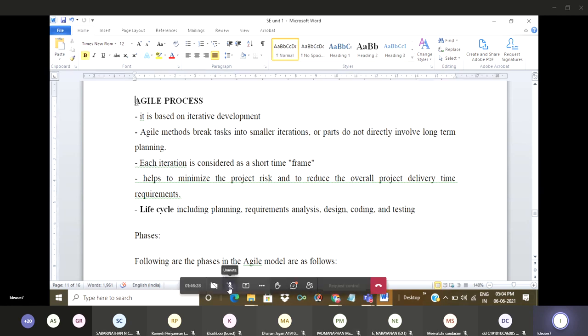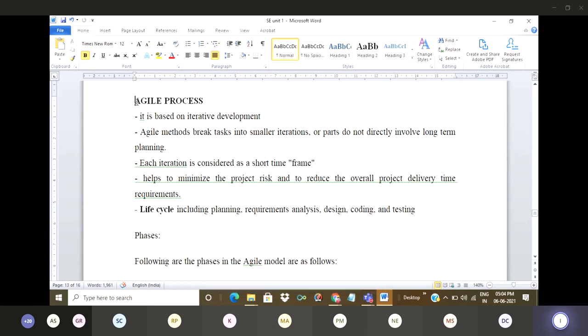So the next title is the Agile process. It is based on the iterative model, because we have already discussed that the iterative development model works on the same principle. Agile methods break tasks into smaller iterations, or parts, that do not directly involve long-term planning.